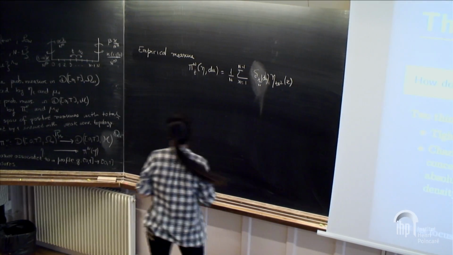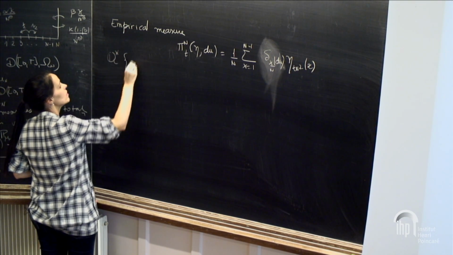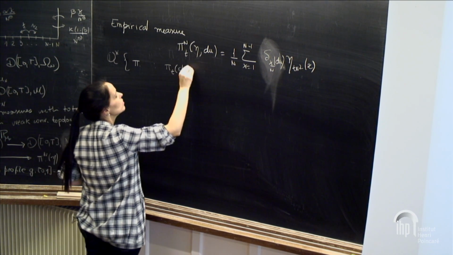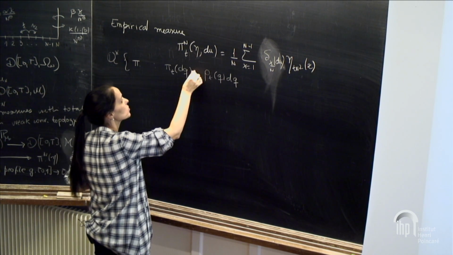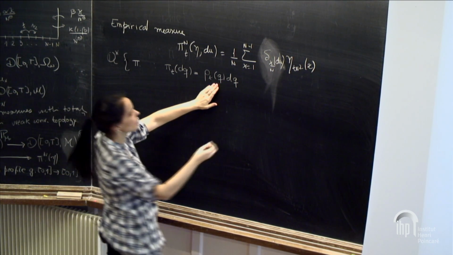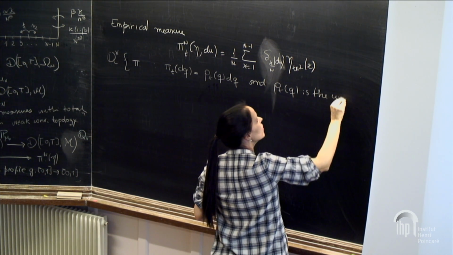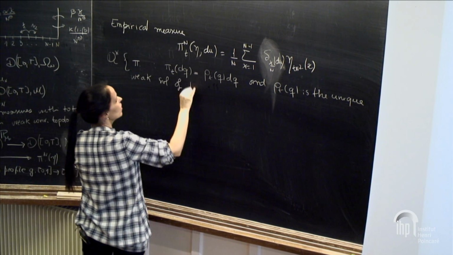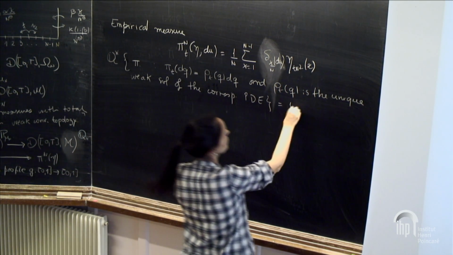So I have to say that the limiting process that I called Q star is supported on trajectories of measures, let me use this notation, dq, which are absolutely continuous with respect to the Lebesgue measure, and the density is the unique weak solution of the corresponding PDE, okay? So this is equal to 1.